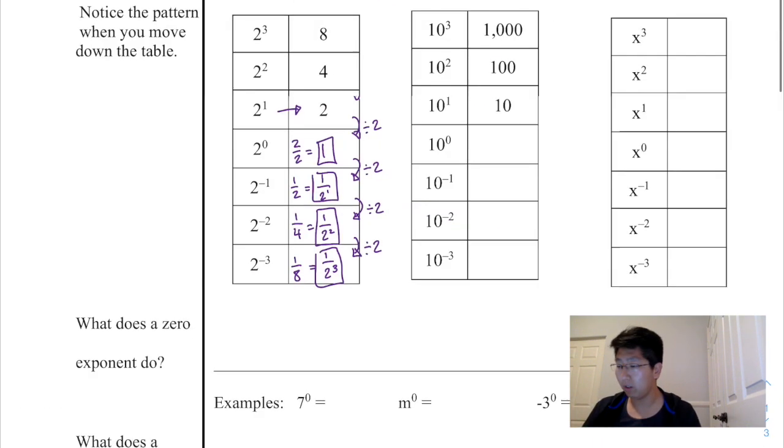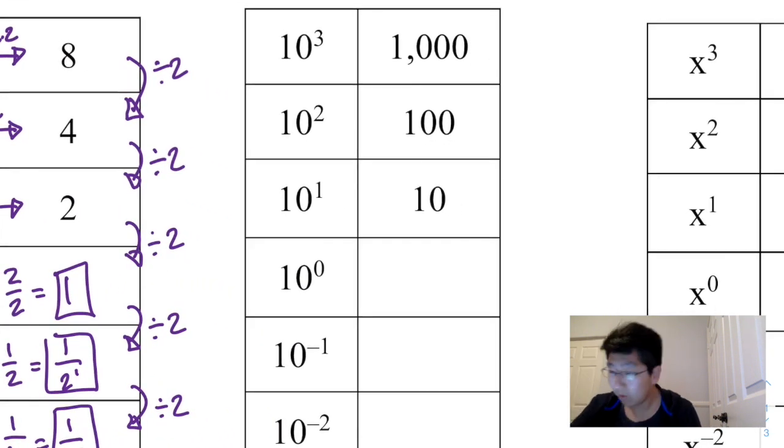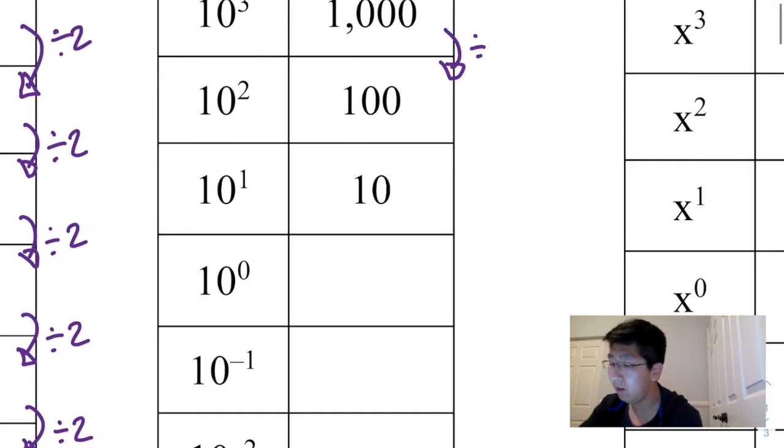So here, let's take a look at 10 to the third power. What happened here is we are going to be dividing by the base. This time the base is 10, so we're dividing by 10. 100 divided by 10 is 10.